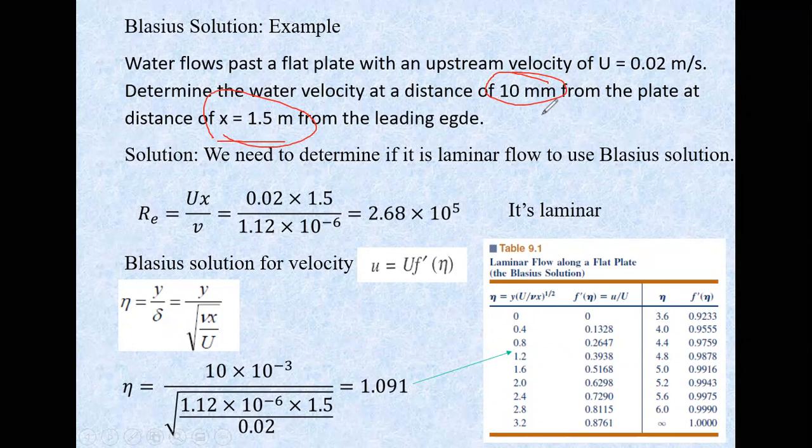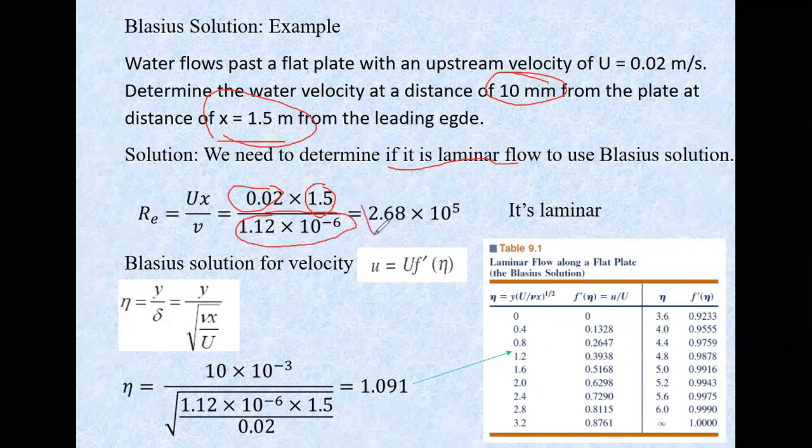Before that, we also have to determine whether it's laminar flow, because the Blasius solution applies only for laminar flow. So we calculate the Reynolds number for this flow. This is the presumed velocity, this is x, the distance from the leading edge, divided by the viscosity of the water.